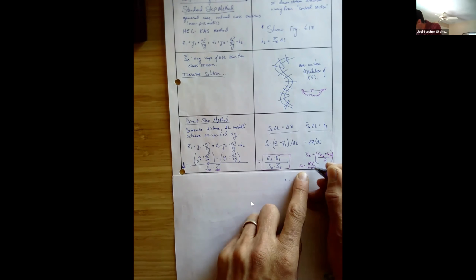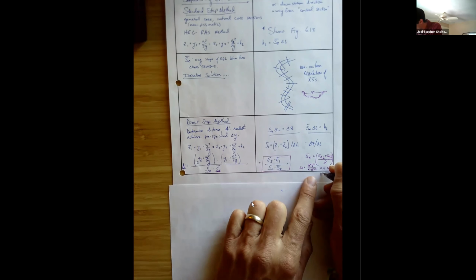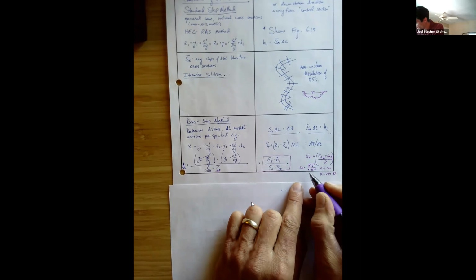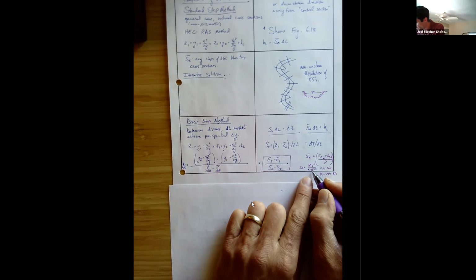Sorry, that's so tiny, but if you solve Manning's equation for friction slope, you get n squared v squared over k squared, where k is equal to 1 in SI, and k is equal to 1.49 for BG. So that's k squared, and then hydraulic radius to the 4/3.